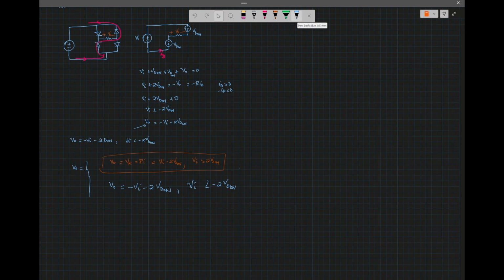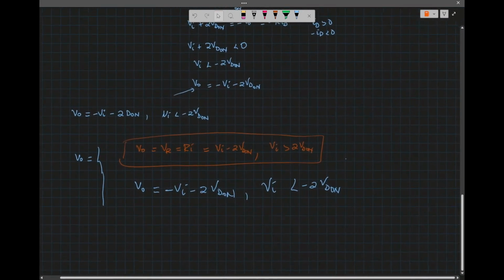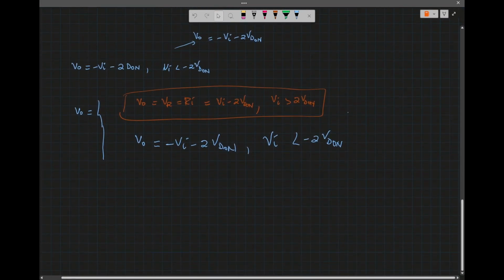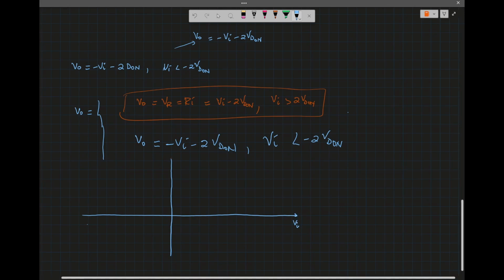Now what does the transfer characteristic look like? So let's sketch that. We have the input there, the V out here.